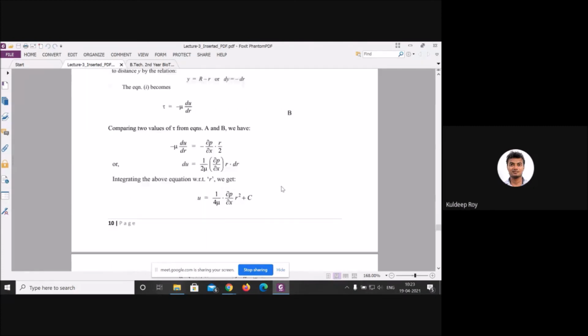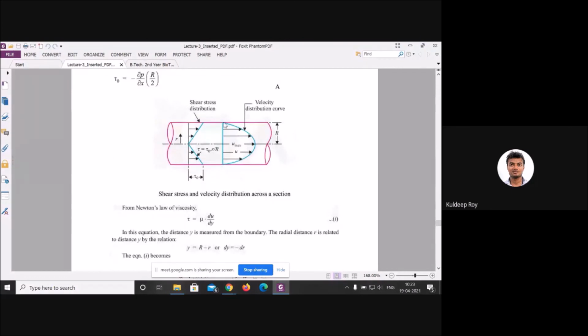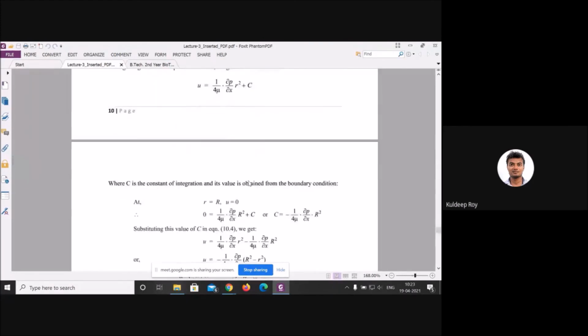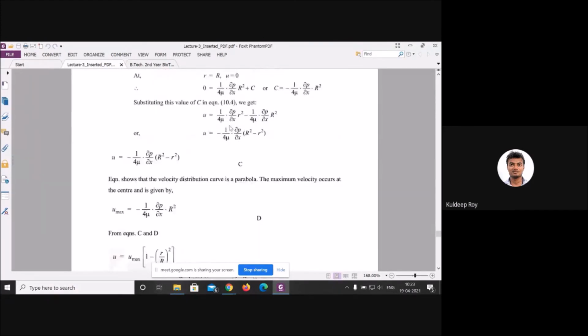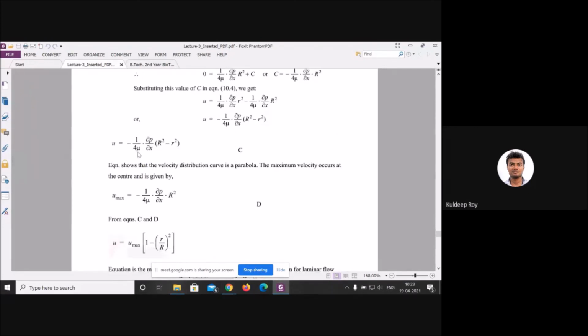If you look at the velocity profile, it is like a parabola, correct? Here I have mentioned the equation shows that the velocity distribution curve is a parabola.